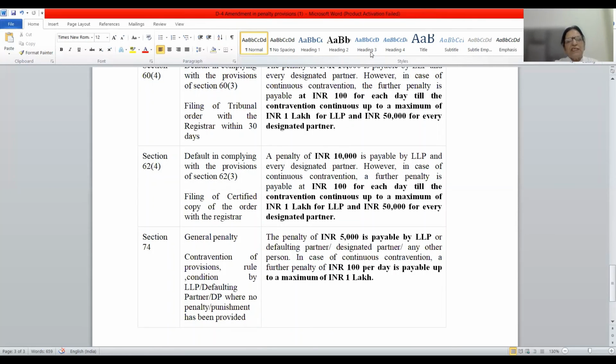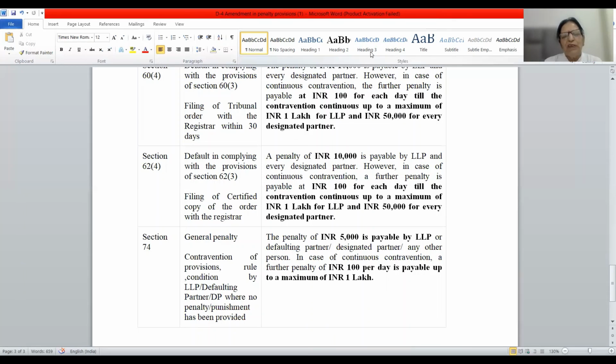If any provision is contravened, any rule, any condition is violated by the LLP or by the defaulting partner or by the designated partner, for which no penalty has been provided or no punishment has been provided, then in that case, there is a penal provision of rupees 5,000 payable by the LLP or defaulting partner or designated partner or any other person. In case of continuous contravention, further penalty of rupees 100 per day is payable up to a maximum of rupees 1 lakh.